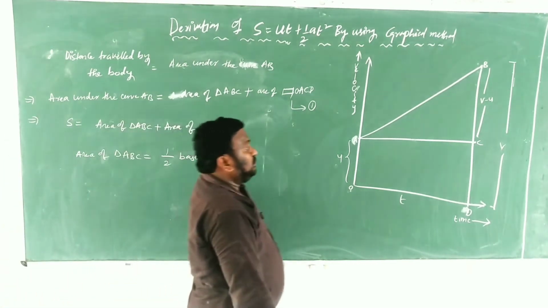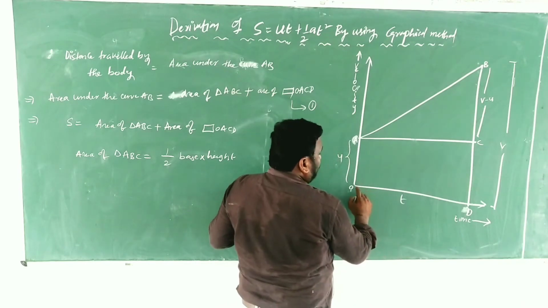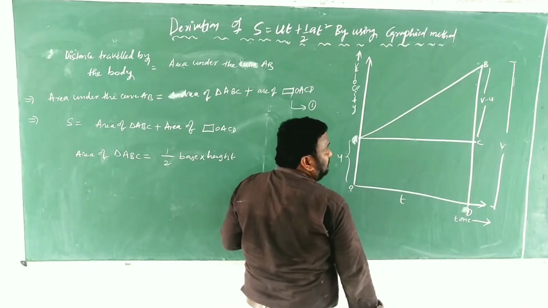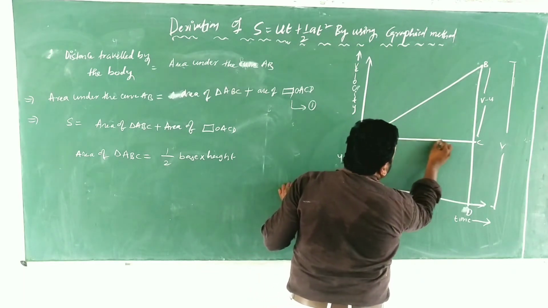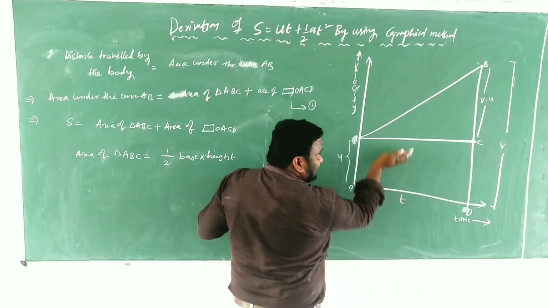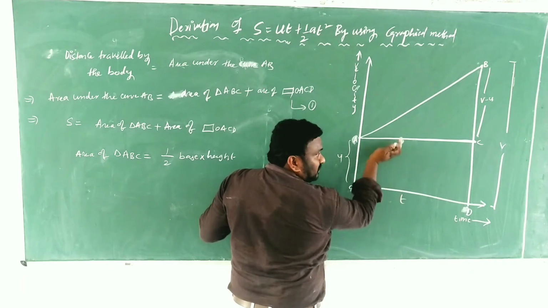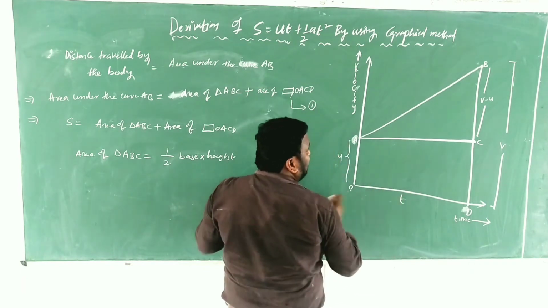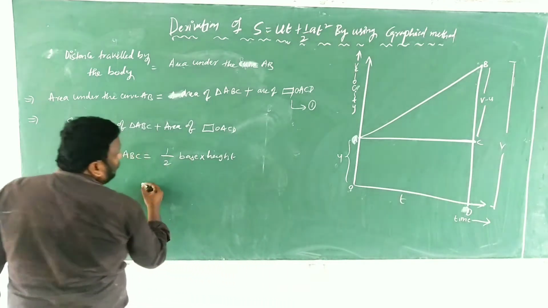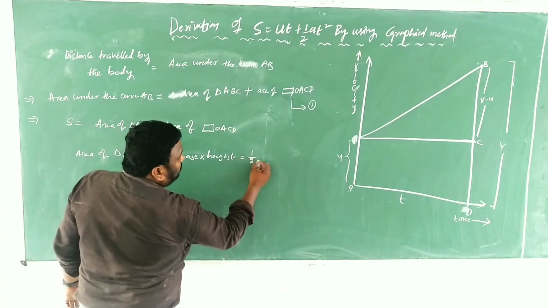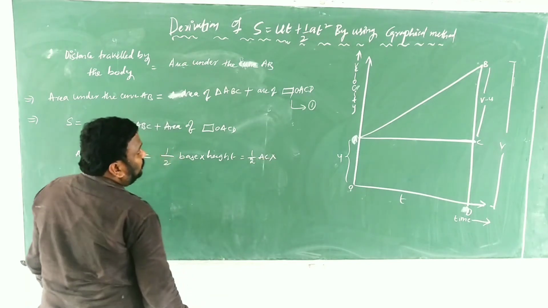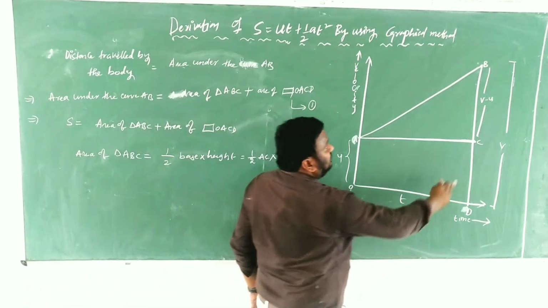Here children, what is the base here? Triangle ABC. In that, the base is what? AC. And in a rectangle, opposite sides are equal. That's why AC is equal to OD. OD means what? T. That's why I am going to write half into base, which is AC, into height. What is the height? BC.